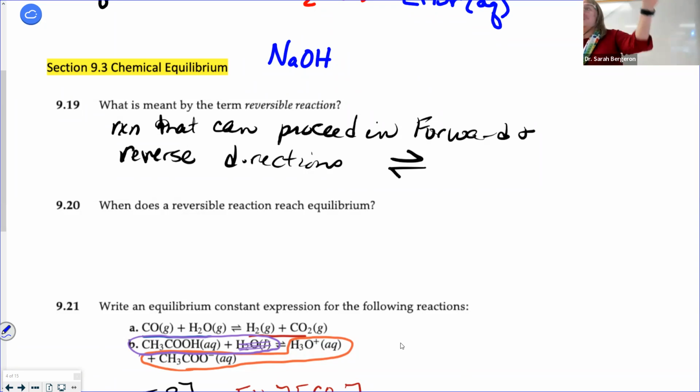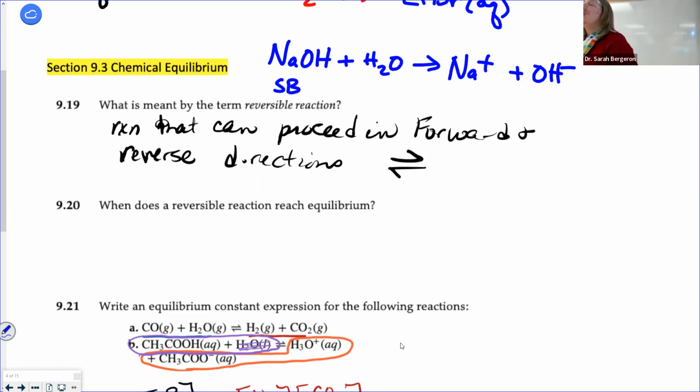I'm in group number 1. So this is a strong base. So if I put this into water, what's going to happen? It's going to just dissociate. So I'll have Na plus, OH minus, right? So it's a 100% dissociation.